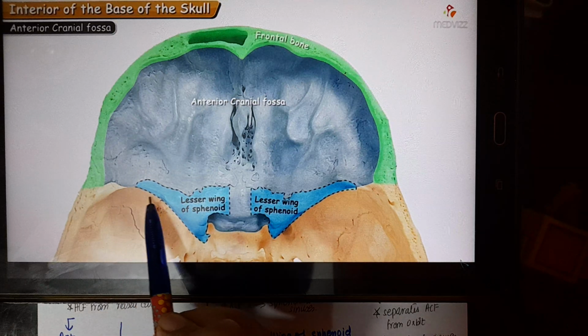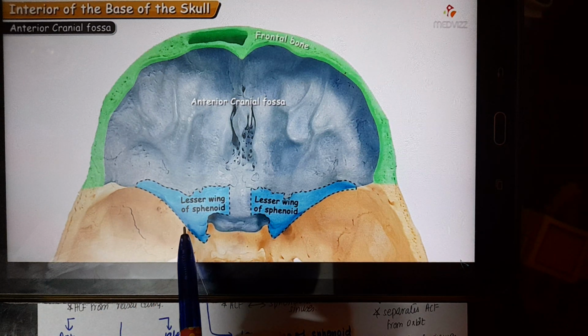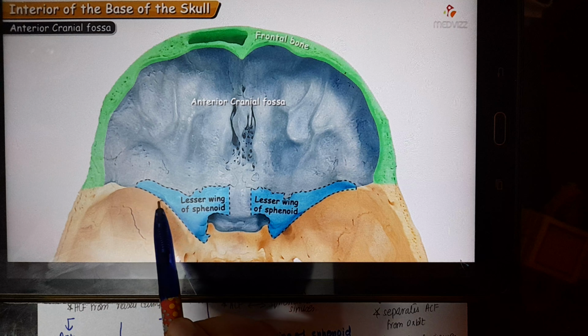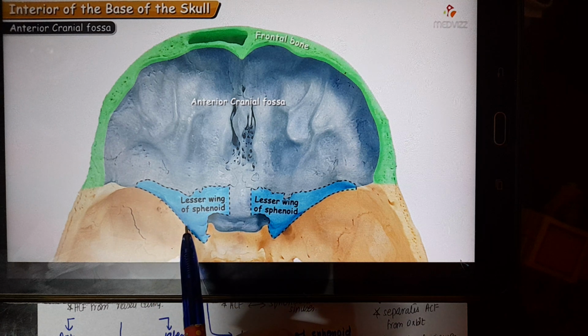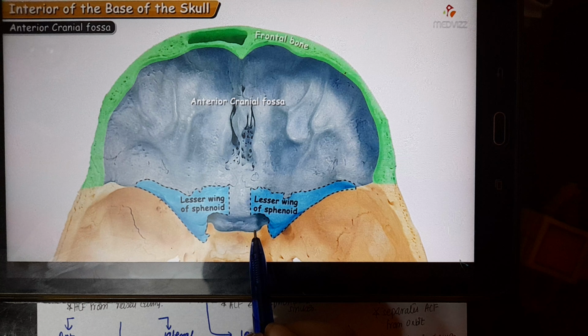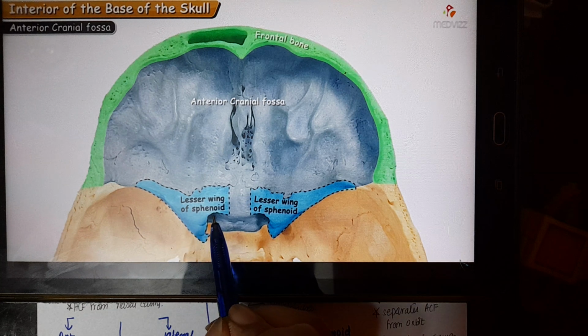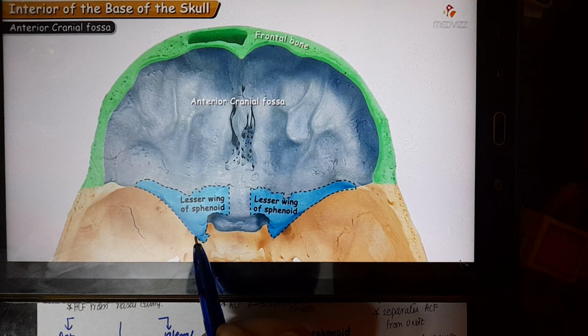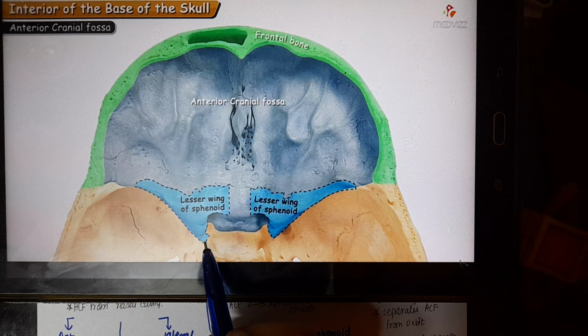On both sides, on lateral view, we have the posterior part of the lesser wing of sphenoid. In the midline, we have the sulcus chiasmaticus. And where the sulcus chiasmaticus and the lesser wing of the sphenoid meet, this meeting point forms a hook-like area. This is known as the anterior clinoid process.